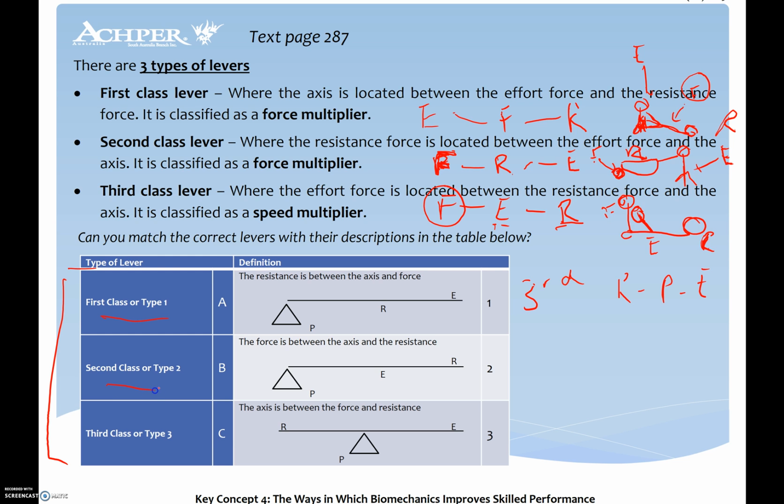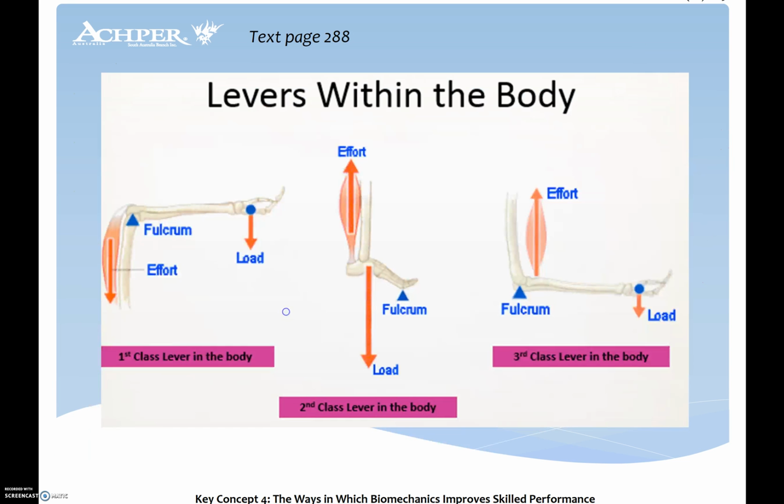Our second class is where we have the pivot point, the resistance, and the effort. So we're looking at our first definition. We can see here third class matches up to here, first down to here, and our second up here. Those are the correct definitions.